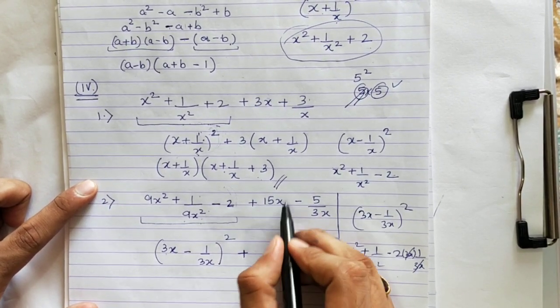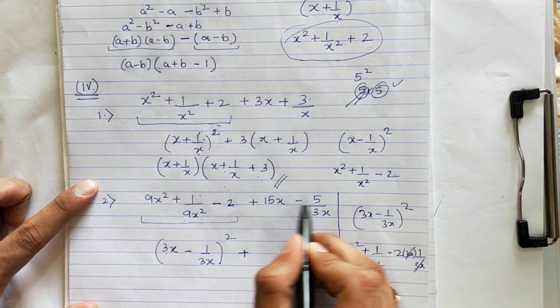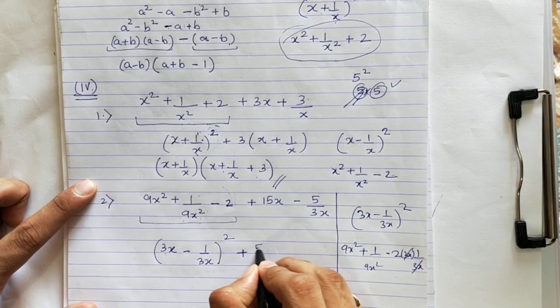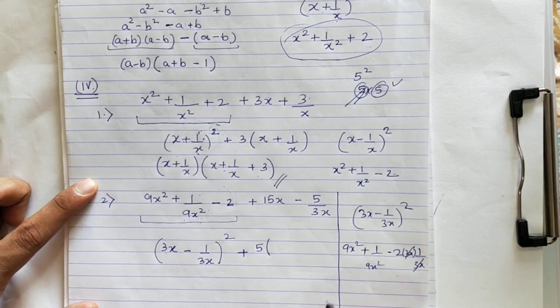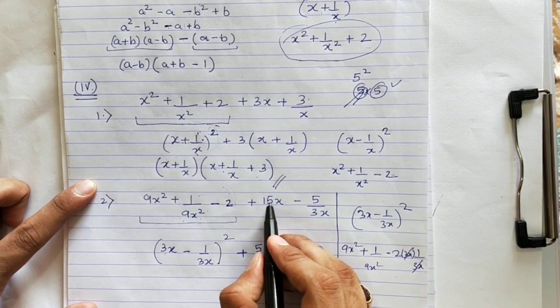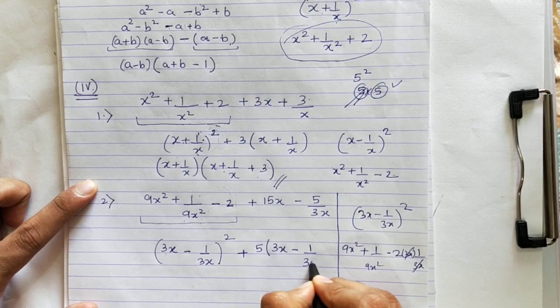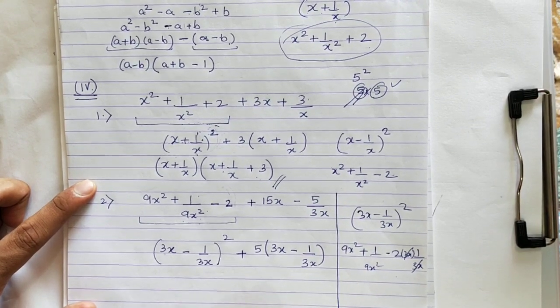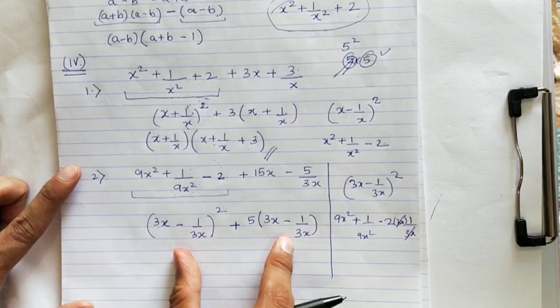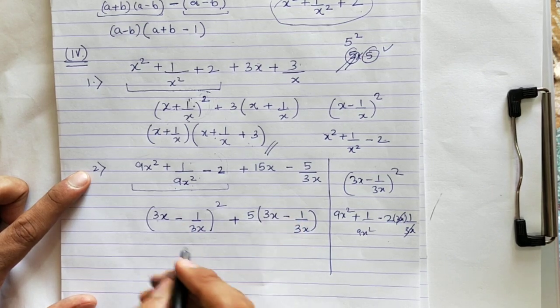Plus, here from the numerator I can take 5 common. So when I take 5 common, I get 15 divided by 5, 3x; minus 5 is gone, so 1 remains, 1 upon 3x. Now I can take 3x minus 1 upon 3x common from both the terms.